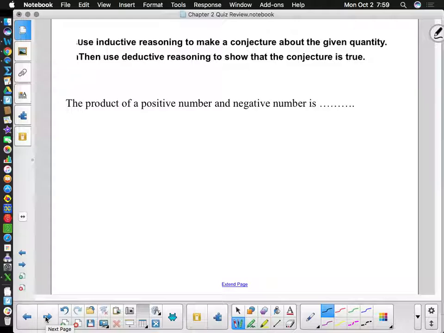All right. Use inductive reasoning to make a conjecture about the given quantity. Then use deductive reasoning to show the conjecture is true. Okay. This is a little trickier.